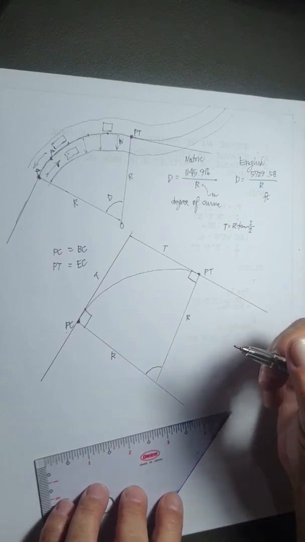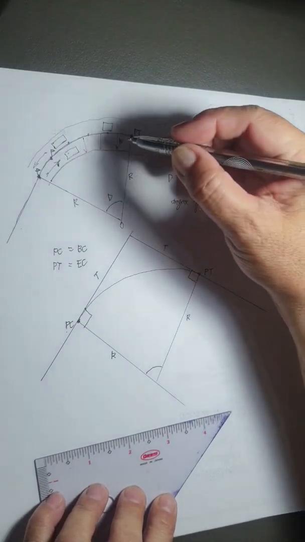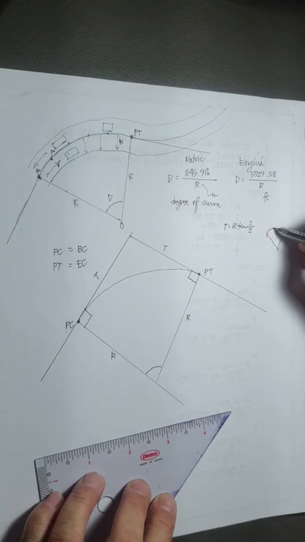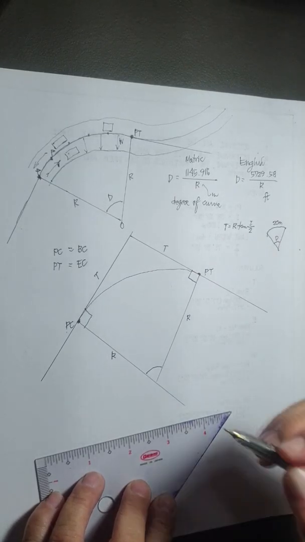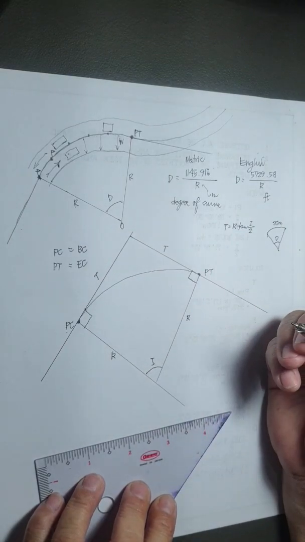Kapag nagko-consider tayo ng D, yung D nangyayari yan if you consider a certain 20 meter arc. Pag 20 meter arc, sa metric system, ito si D. Kapag hindi 20 meters, ito si I. Okay?